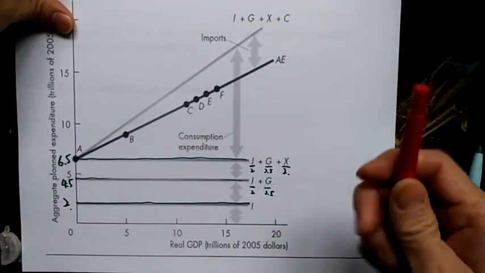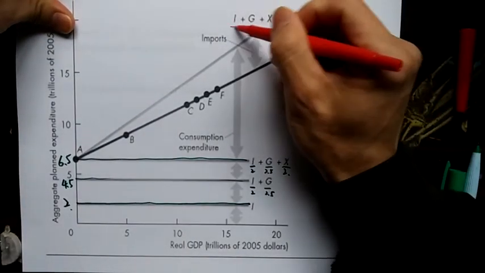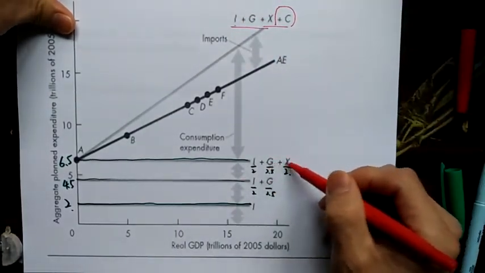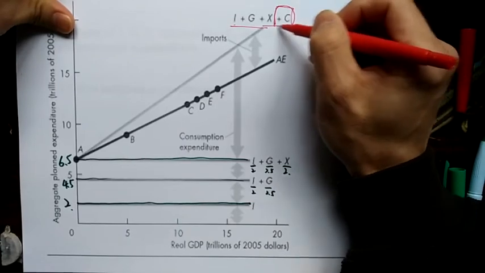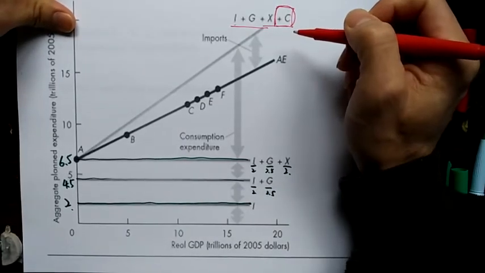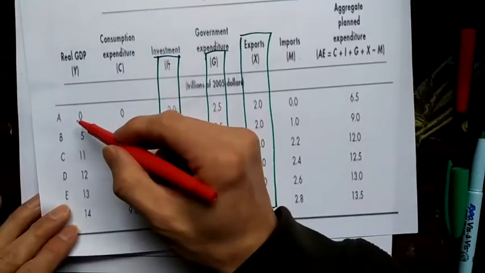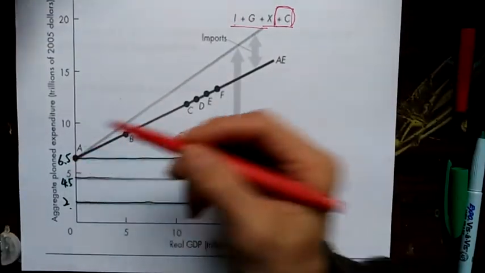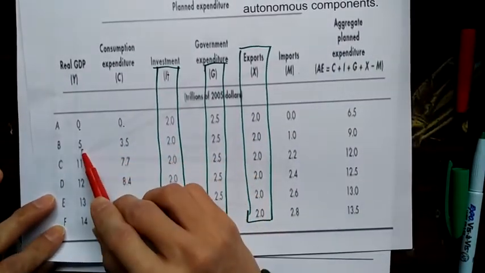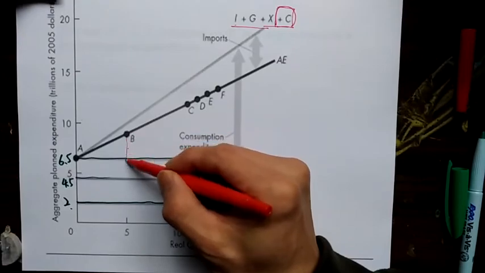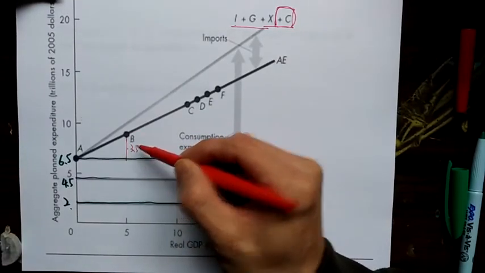Now I want to add consumption to I plus G plus X. So when income is 0, I add 0. When income is 5, I add 3.5.